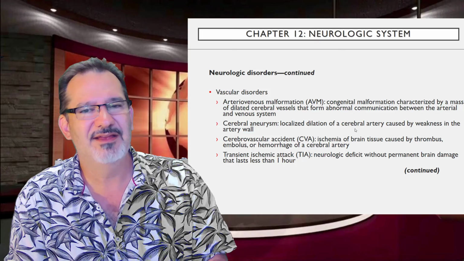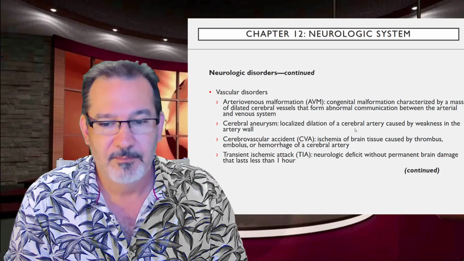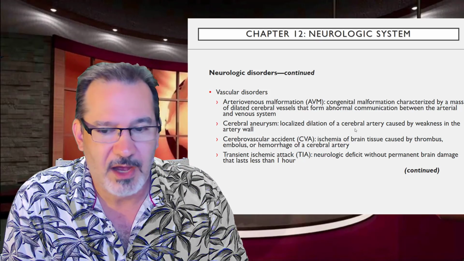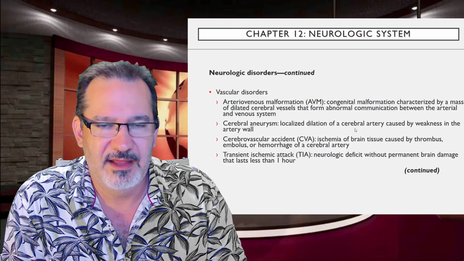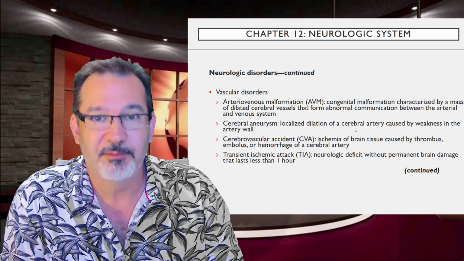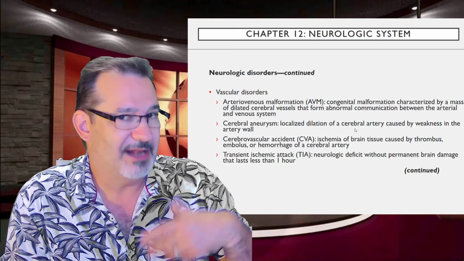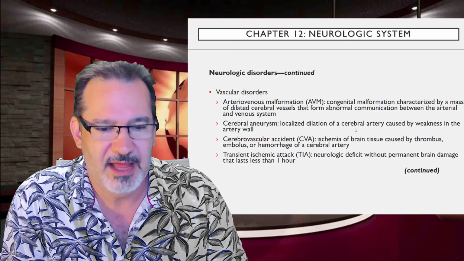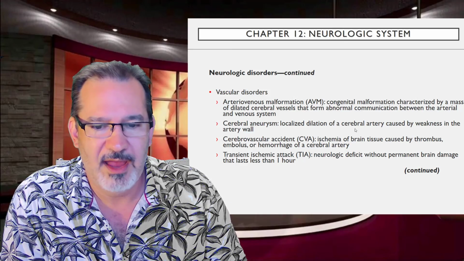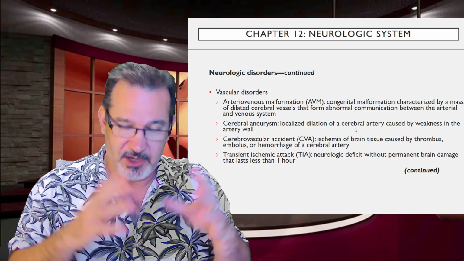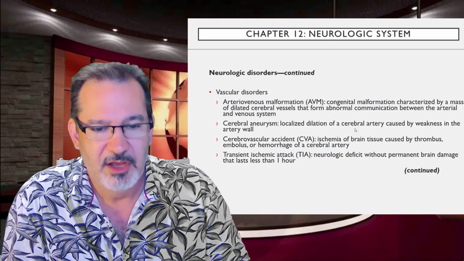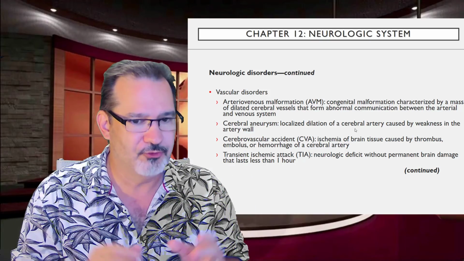A CVA is a major stroke, okay? Usually caused by a thrombus, a blood clot, or a clot that breaks and travels, which would be an embolus, or a hemorrhage of the cerebral artery, okay? Bleeding out of the cerebral artery.